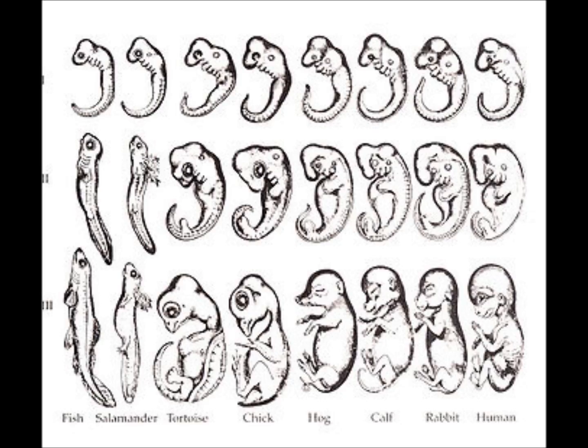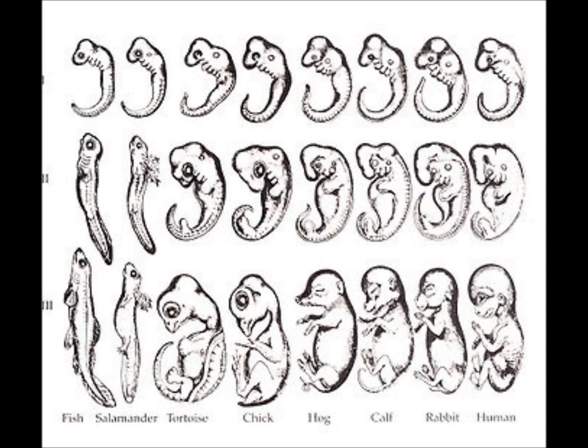This is an image of many different embryos. Fish, salamander, tortoise, chick, hog, calf, rabbit, and human. As you can see, at the very beginning, it's really hard to tell what they are. Halfway down, you can begin to see some differences, but still, those kind of look an awful lot alike.